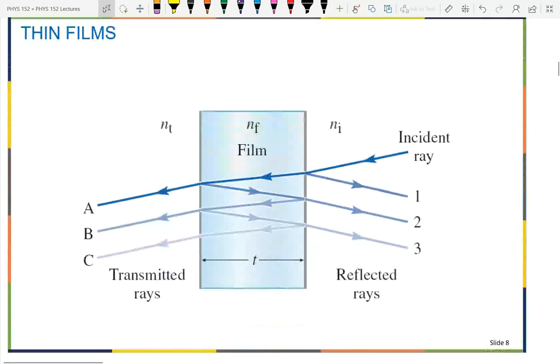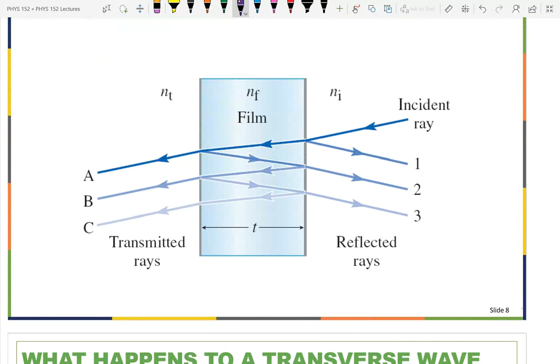So here's a picture showing a thin film. Notice we have the index of refraction on the incident side, the index of refraction in the film, and the index of refraction on the transmission side. Light, when it hits an interface from one material to another, is going to reflect.